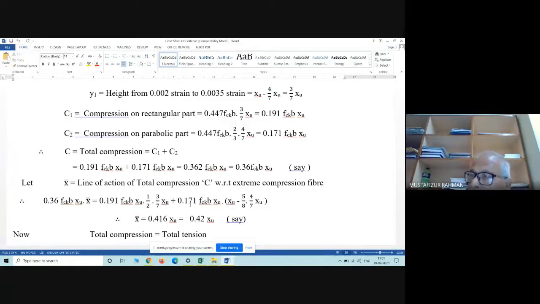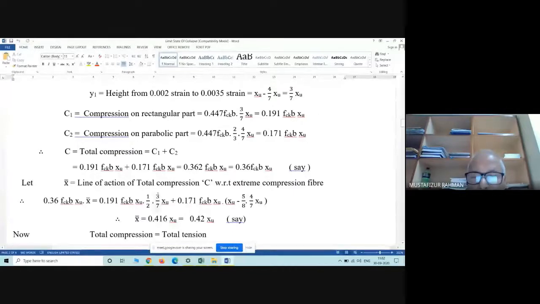Again we require the distance of this C2, so we got xu minus 3/8 of y2. This is mathematics from your other semester or even school.